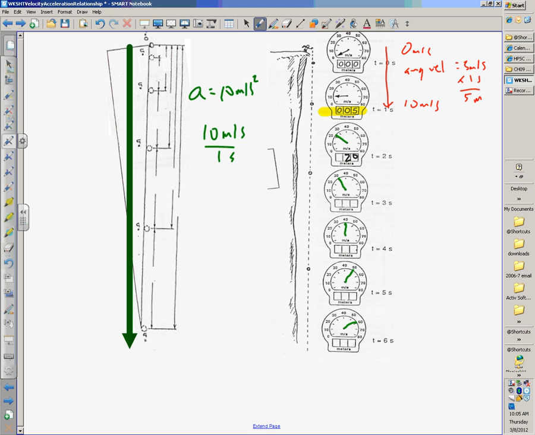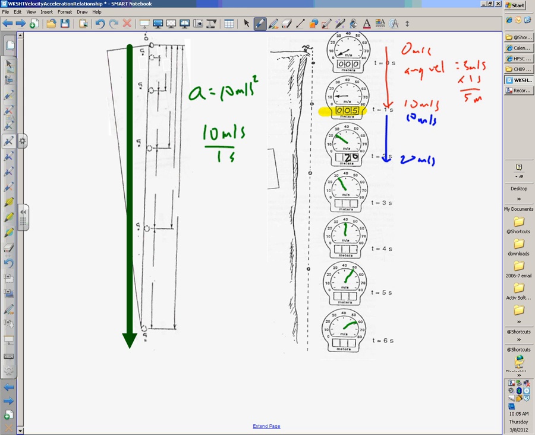The first way we can handle it, if I take a look at this blue portion, what was the velocity at the beginning of this blue line? 10 meters per second. Does that make sense? And then at the end of this blue line, how fast is it going? 20.